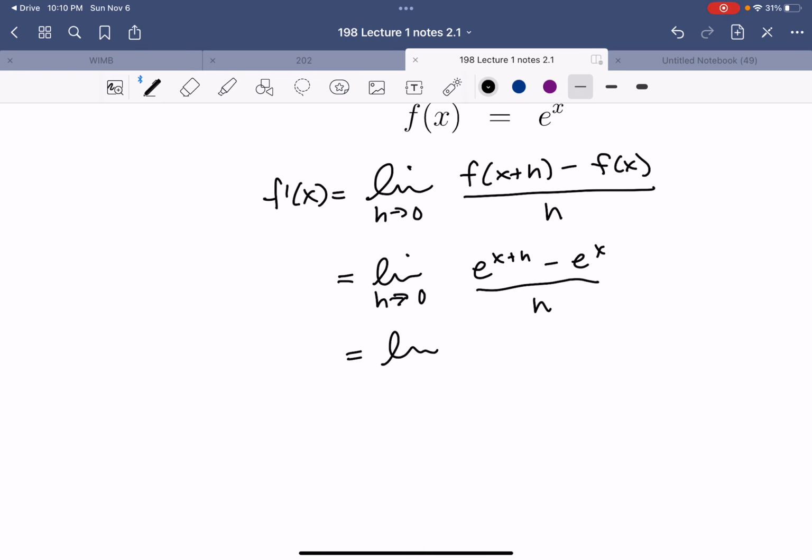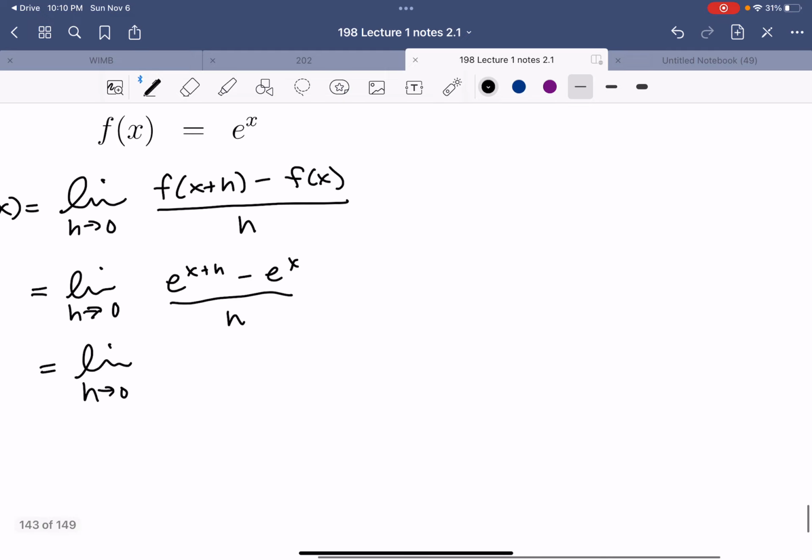So what we do here, typically we're trying to do some algebra and then factor. So what we can do here is we can split that e to the x plus h. Keep in mind that if you had x squared times x cubed, you would add their exponents together. So I can split that up and turn that into multiplication.